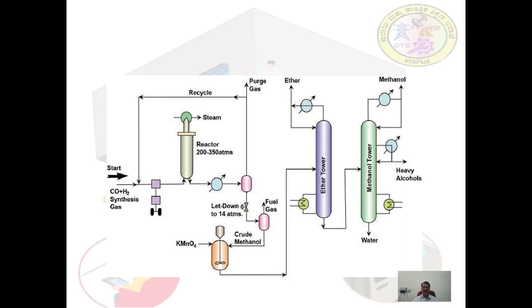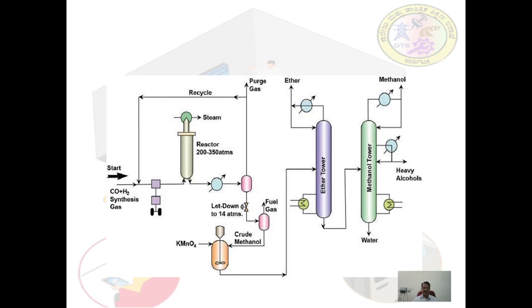The reactor here is made of copper lined steel and contains a mixed catalyst of zinc, chromium, manganese, or aluminium oxide. Steam is circulated in the heating tube to maintain the temperature of 300 to 375 degrees Celsius.